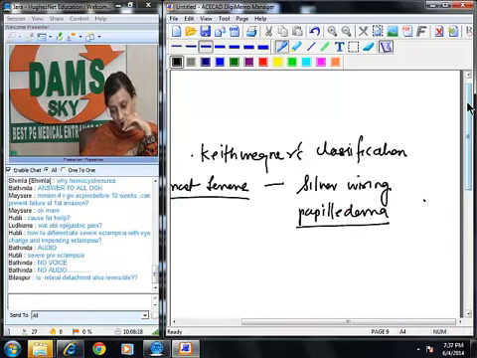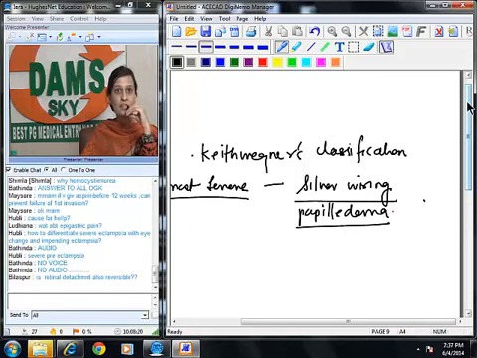So if you see these changes, you must know that they are due to severe preeclampsia. This was the last stage in the Keith-Wagner's classification, right? So silver wiring and papilledema are terminal events, seen with impending eclampsia, the most severe form of preeclampsia. So these are the signs and symptoms of impending eclampsia.